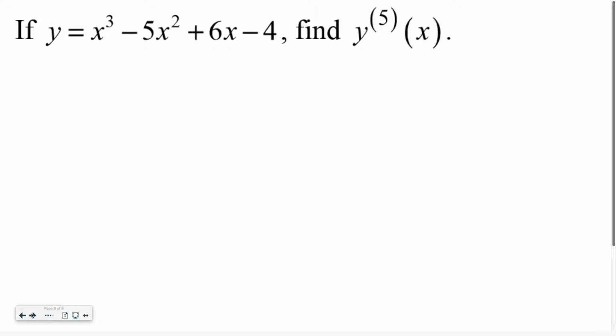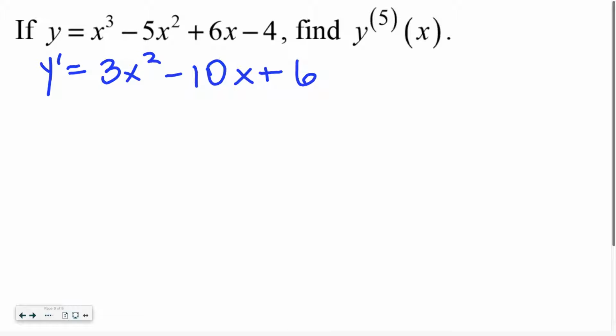All right. So what is our first derivative? 3x to the second minus 10x plus 6. Our second derivative, 6x minus 10.